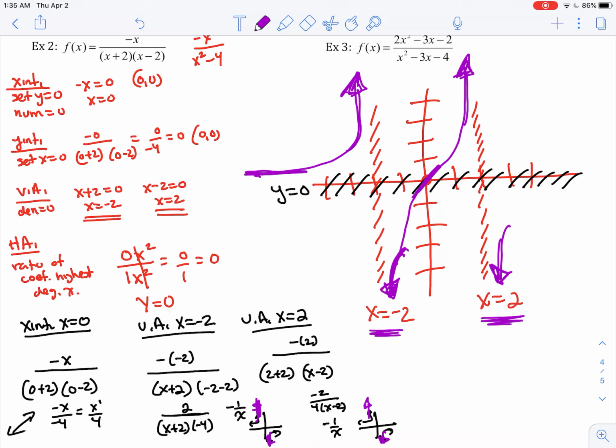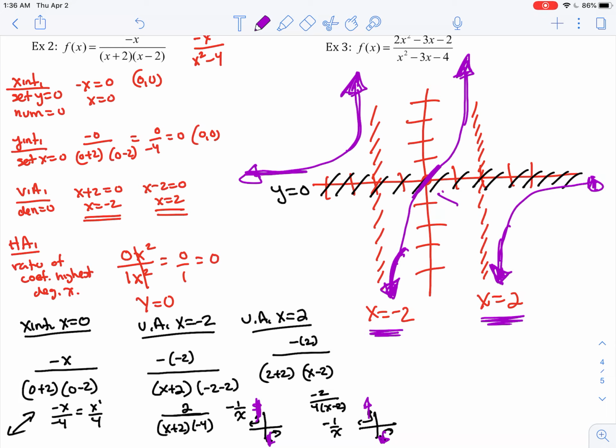It should be coming down along the right side of this vertical asymptote, and then coming up along the horizontal asymptote over here as it goes off towards positive infinity. And there is our graph of f of x equaling -x over (x plus 2)(x minus 2).